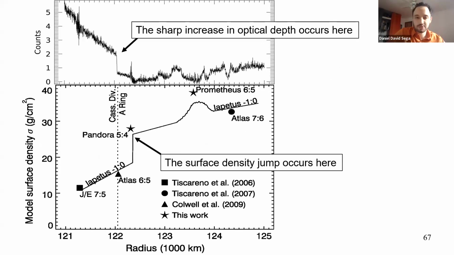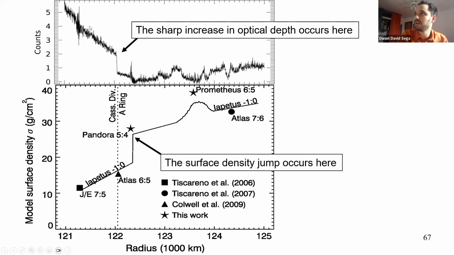And there's another mystery associated, and this was pointed out by Carreno in his 2013 paper with this bending wave. Here we have an occultation, but here it's in counts. So higher means lower optical depth, because you're seeing more photons. By the way, this little wave, you have to zoom in to see that it's a wave.